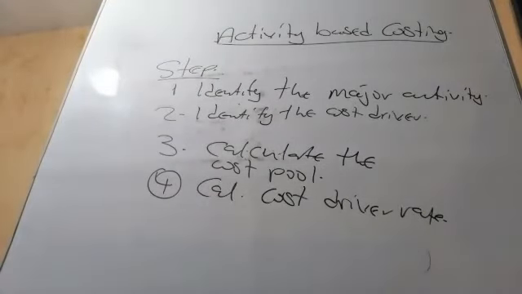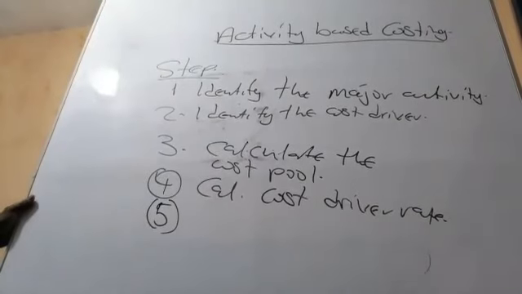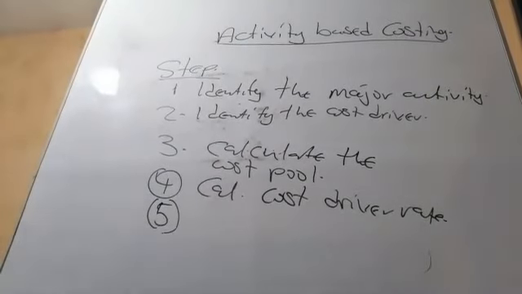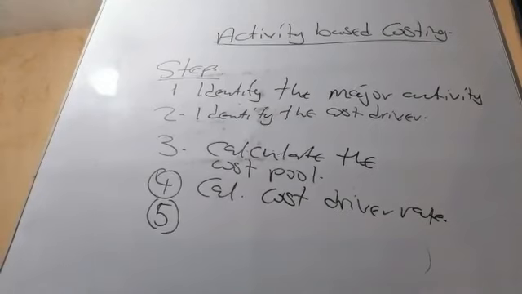Step 5, calculate the total overhead absorption rate for each product. I normally call it totality. So step 5, the nickname is called totality.